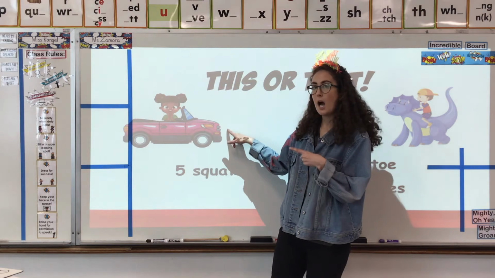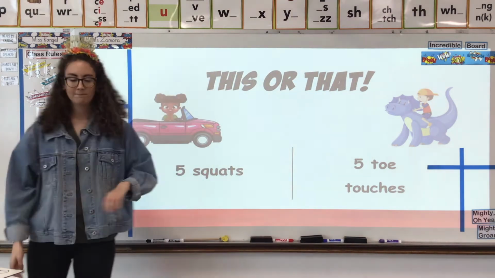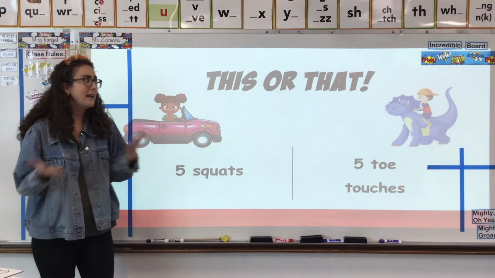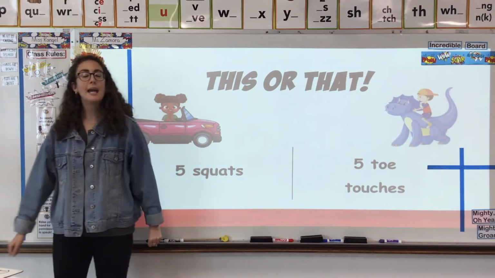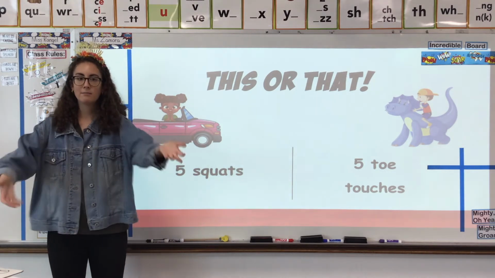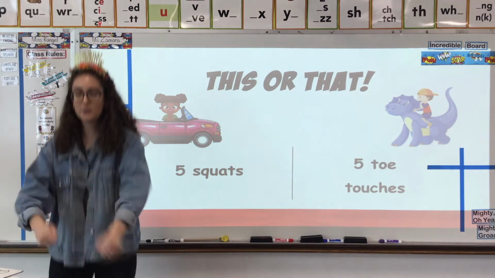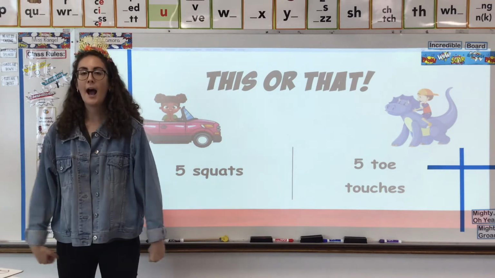Would you rather ride a convertible car or a dinosaur to school? What do you think? I think I'd be way too scared to ride a dinosaur, so I'm going to ride in a car. Are you ready? Here we go. 1, 2, 3, 4, 5.